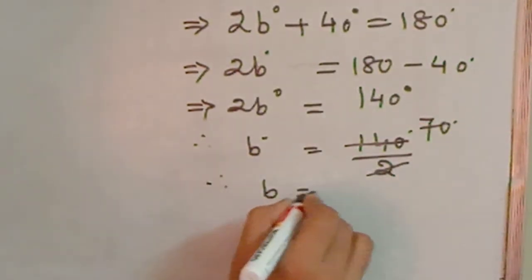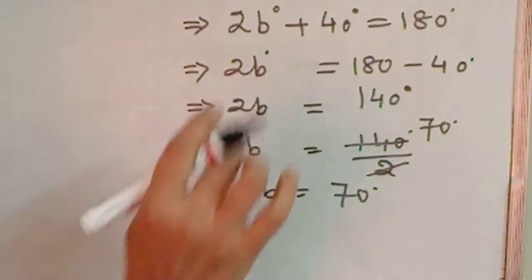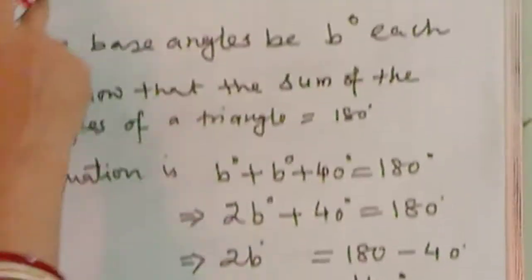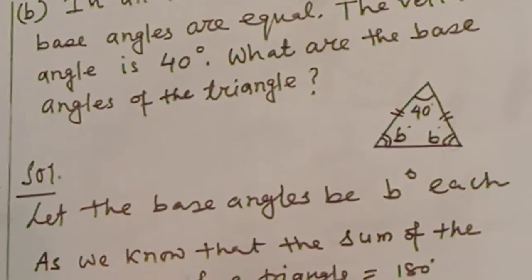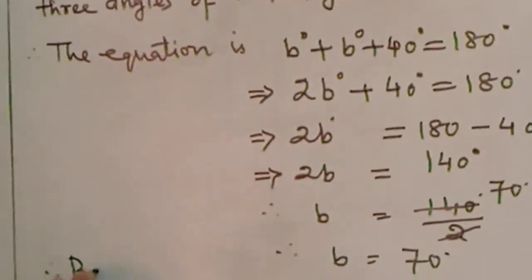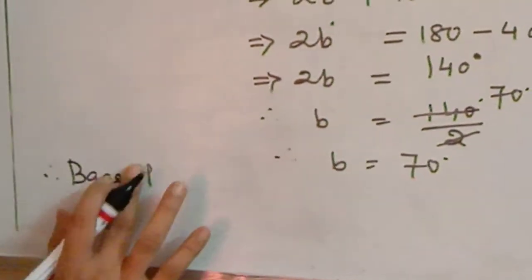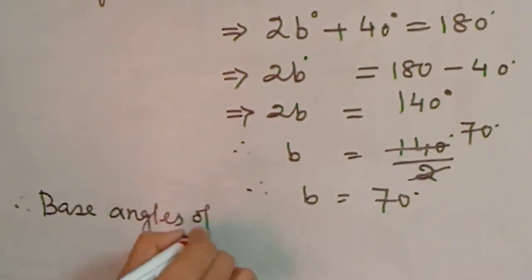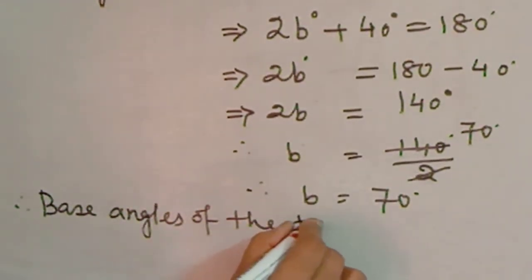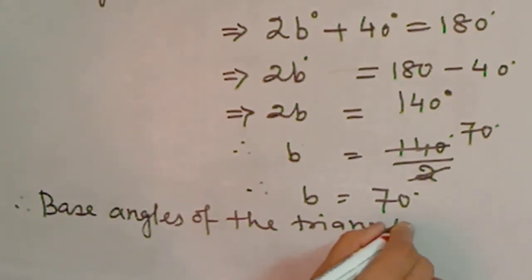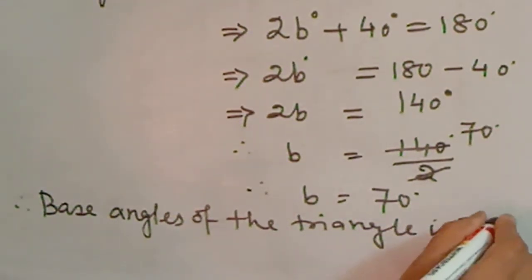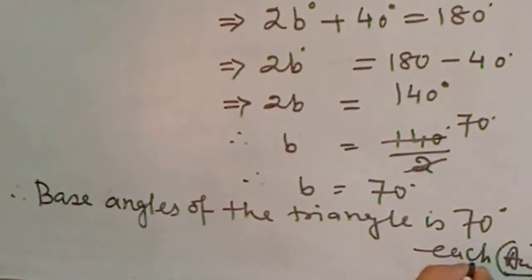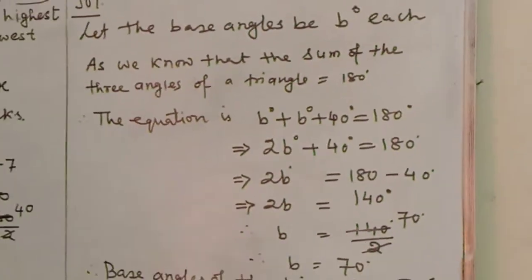Each angle will be 70 degree. Therefore, the base angles of the triangle are 70 degree each. Understood? Okay. Next sum.